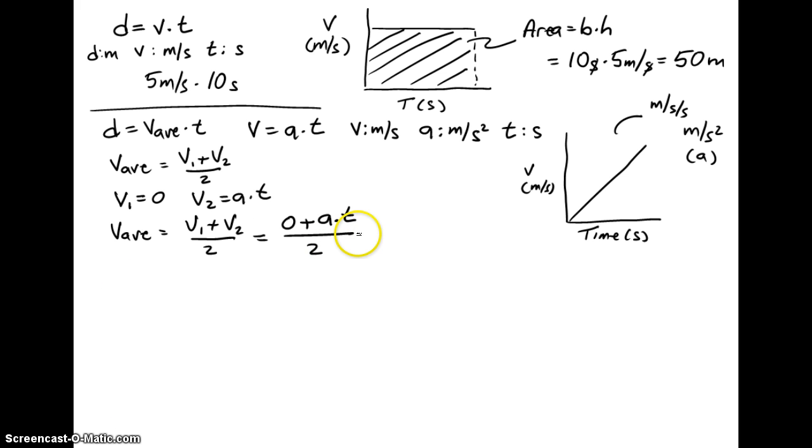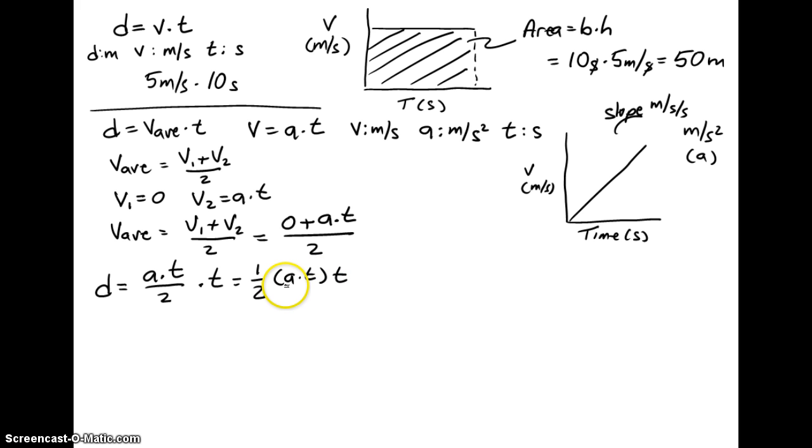I'm going to substitute this value back into my original equation, so I see that my distance is equal to acceleration times time over 2, I've dropped the 0 at the beginning, times time. I'm going to rewrite this just a bit. It'll make it look kind of interesting here. I'll write it as 1/2 times a times t times t.